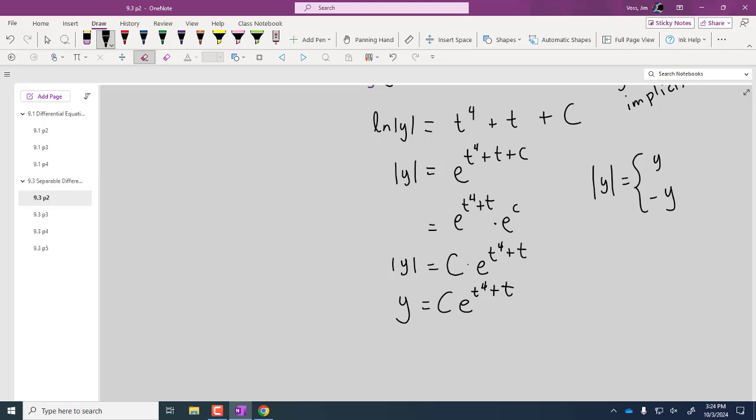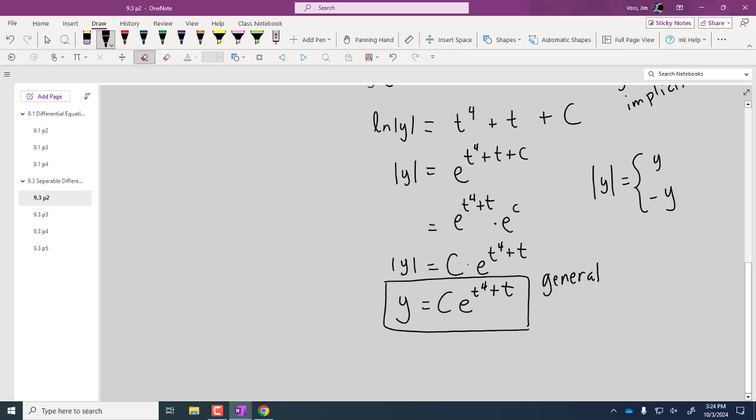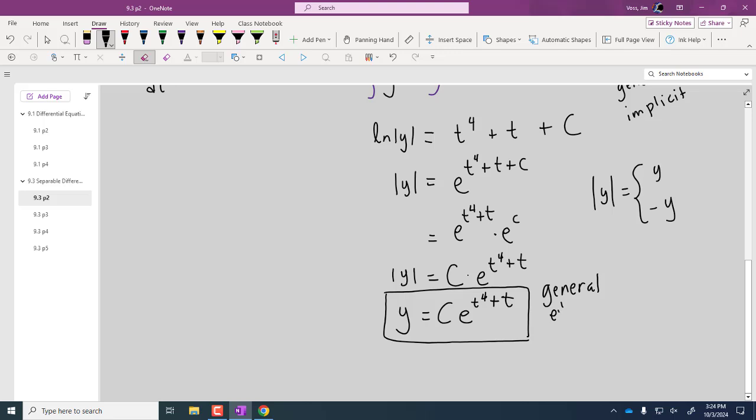And so that constant in front of y can then just be absorbed into that constant on the right. And so now the absolute value can go away there. And that will be the general explicit solution. So it's general explicit.